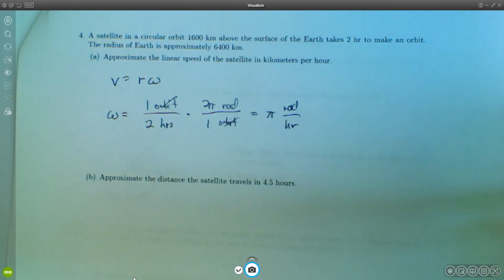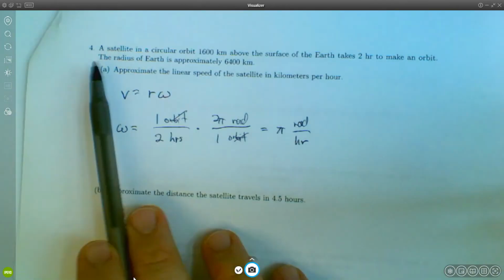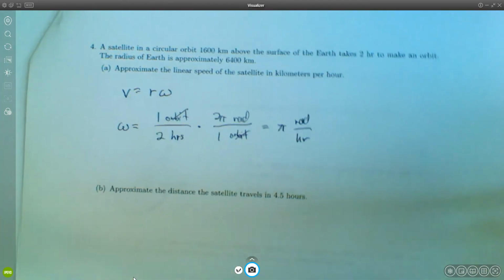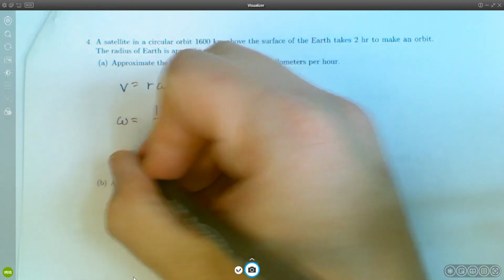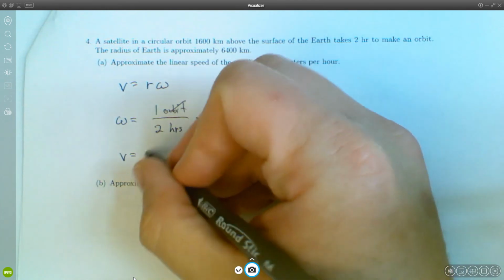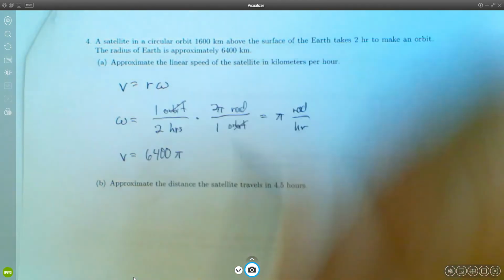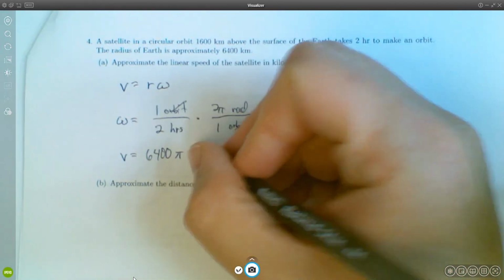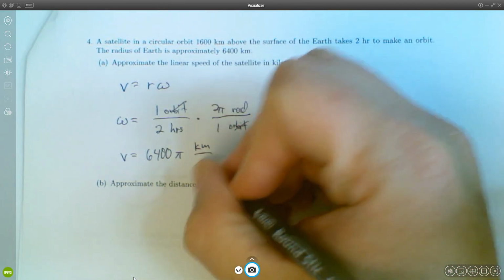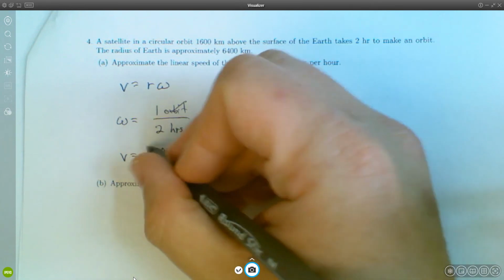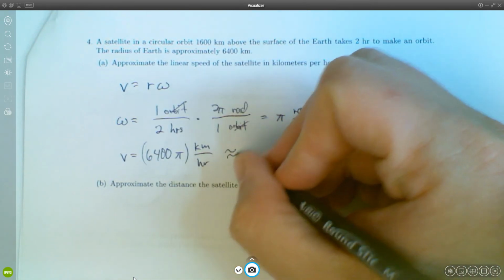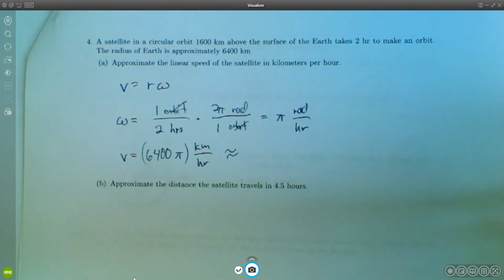Okay, good. Now what about the radius? It says the radius of Earth is approximately 6,400 kilometers, so that's taken care of. So we're ready to plug stuff in. We can say this is 6,400 kilometers times pi radians per hour. So that's going to be 6,400 pi kilometers per hour. How much is that approximately?